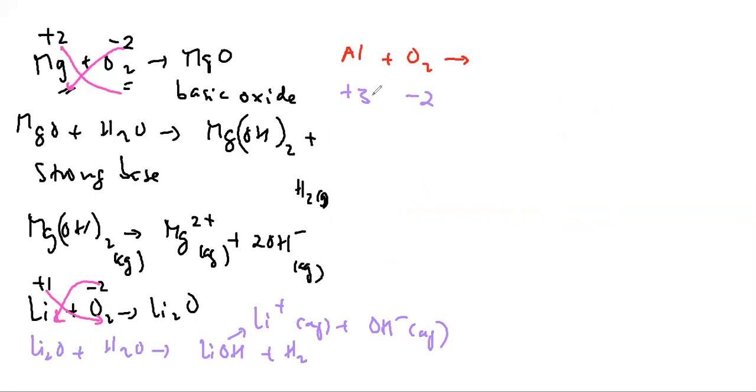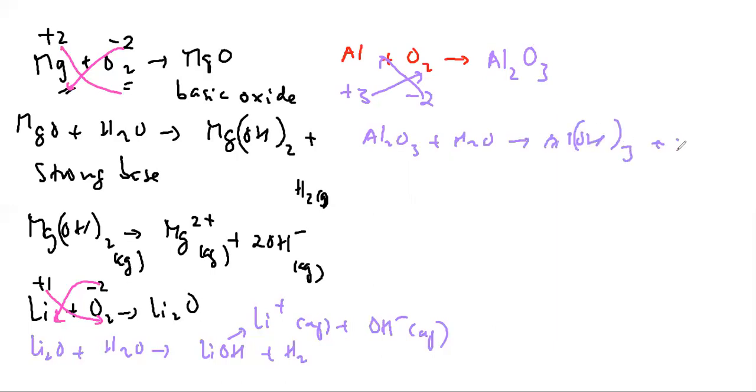You move the numbers diagonally, then you have Al2 from oxygen's charge and O3 from aluminium's charge. When I add Al2O3 into water, it will give me Al(OH)3 plus hydrogen gas. Basically, this is a weak base.